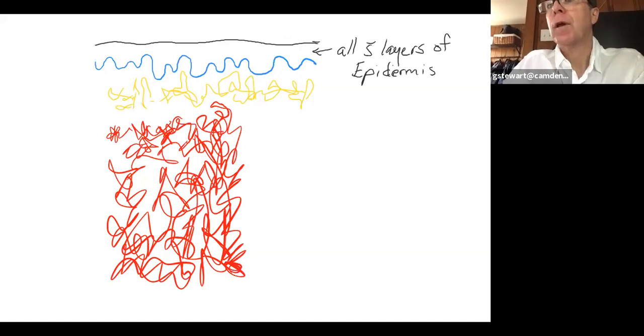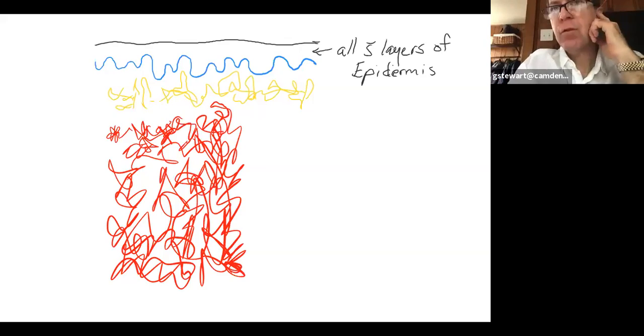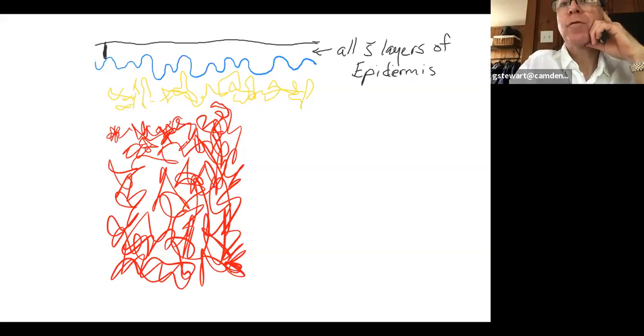All 5 layers, stratum basale, stratum spinosum, stratum granulosum, stratum lucidum and corneum, are all located from this blue line up to the surface. So all we've done so far is name the 5 layers that are found right up here.